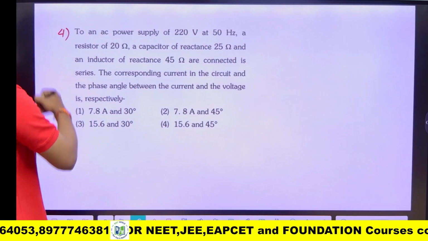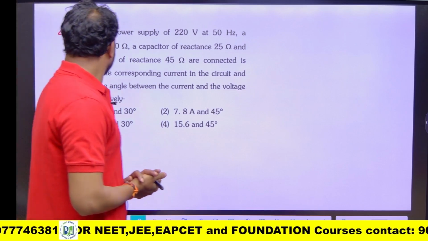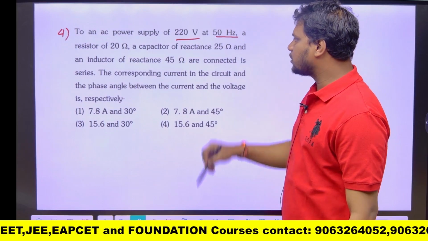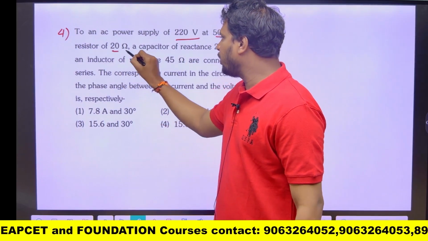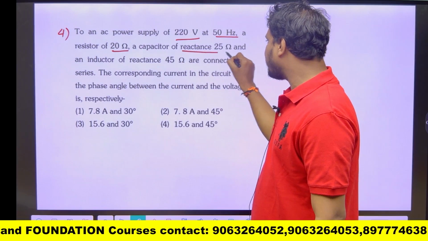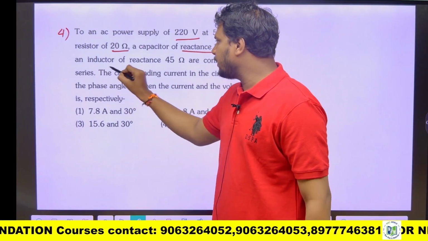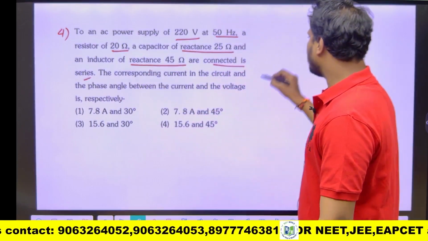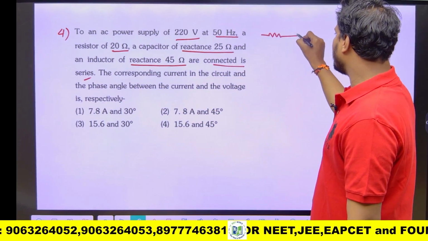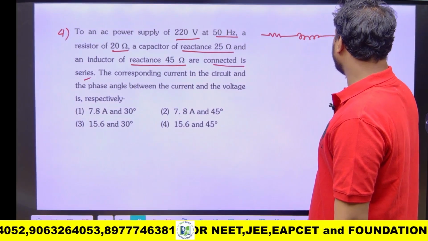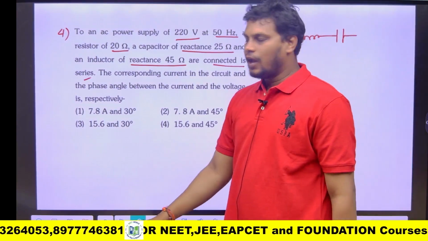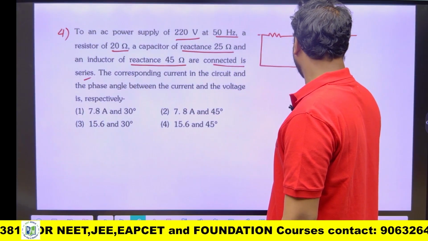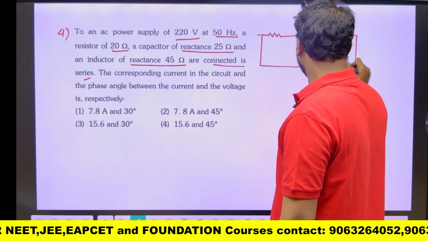To an AC power supply of 200 volts at 50 hertz, a resistor of 20 ohm, a capacitor of reactance 25 ohm and an inductor of reactance 45 ohm are connected in series. So here we are connecting a resistor, an inductor and a capacitor in series. And these are connected to a battery of potential 220 volts of frequency 50 hertz.